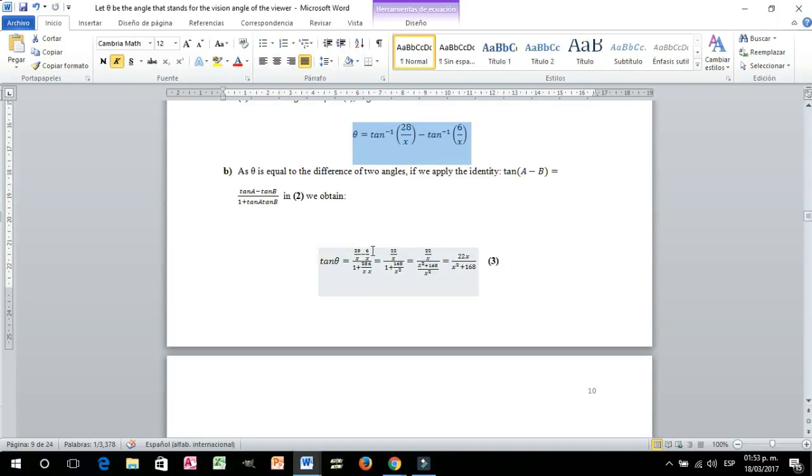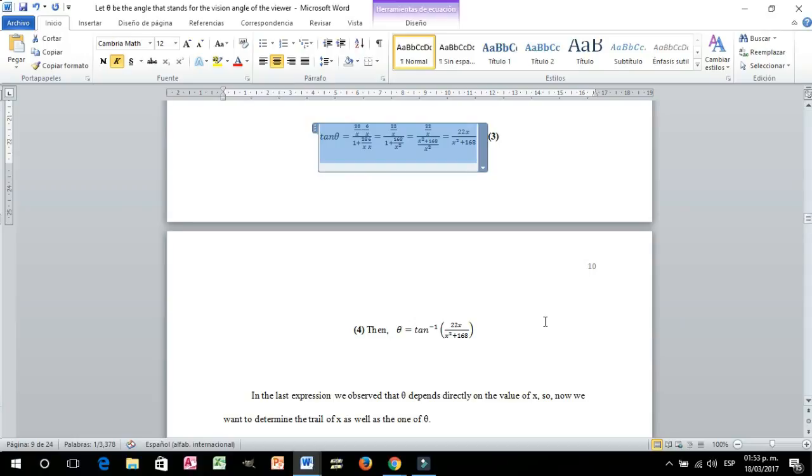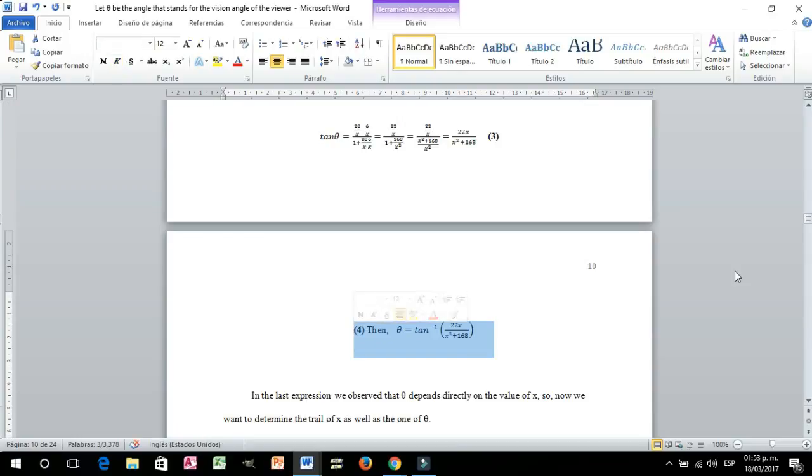After we apply the identity on this function, we obtain all this, which, when we clear theta, gives that theta is equal to the inverse function of tangent of 22x over x squared plus 168, which is what the demonstration asks us to obtain.